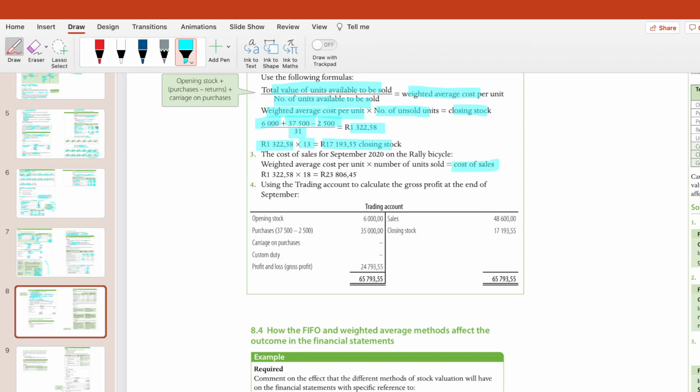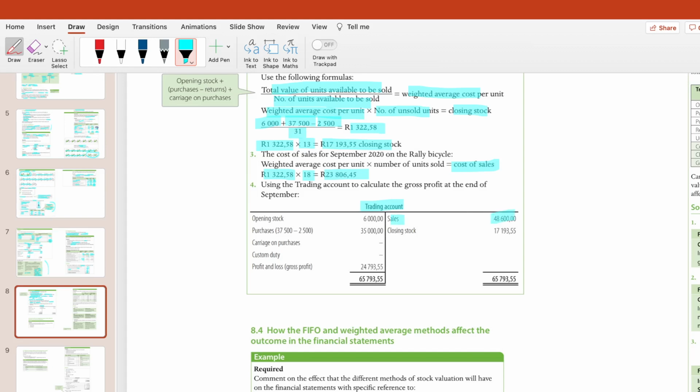We sold at our weighted average cost, the one we just worked out, 1,322 and 58 rand times the 18 units that we sold. So our cost of sales is 23,806 and 45 cents. We use our trading account here to do that. We have our sales, we credit our trading account with the total sales of 48,600.